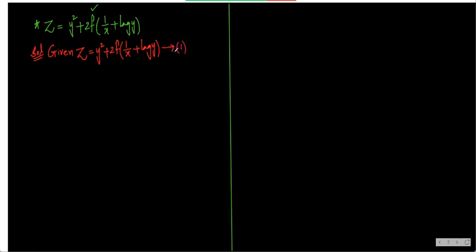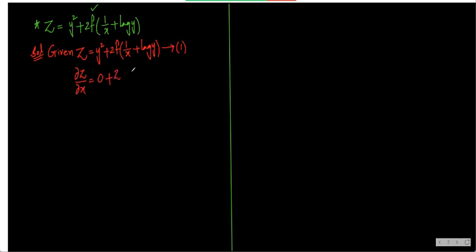Now the regular work: differentiating this value of z partially with respect to x. The dou itself represents that we are doing it partially. With respect to x, y is a constant, so y square becomes 0, and 2 stays as it is.